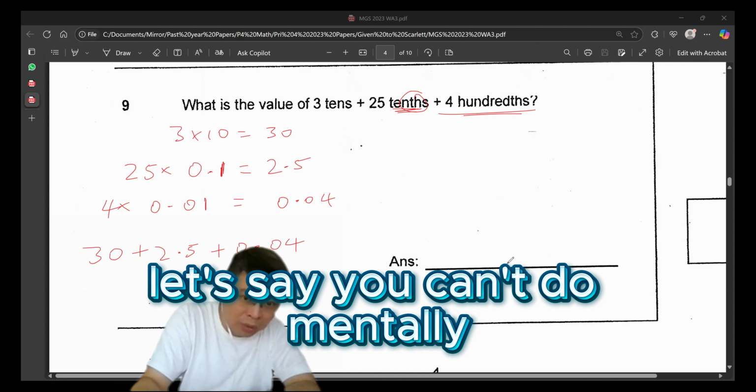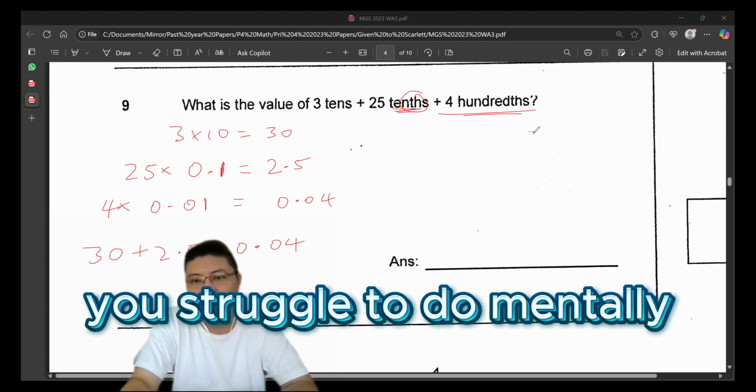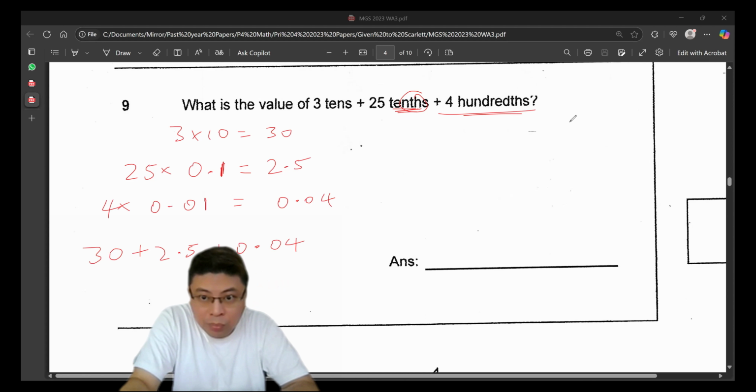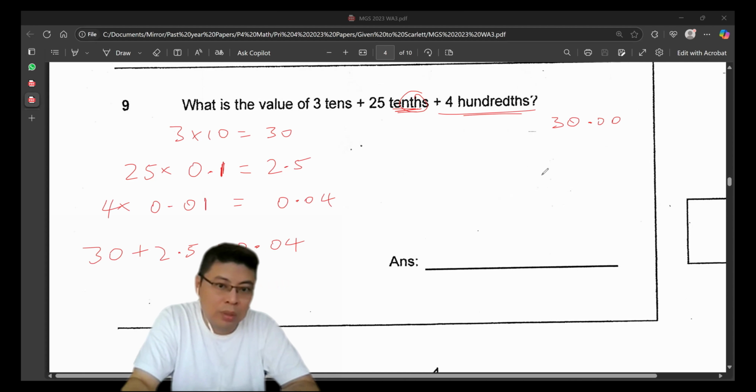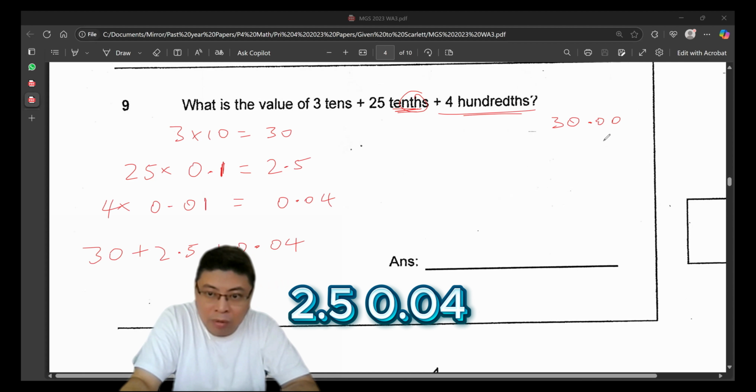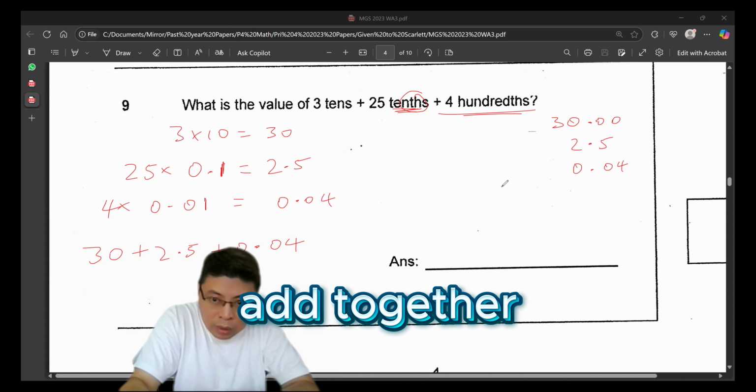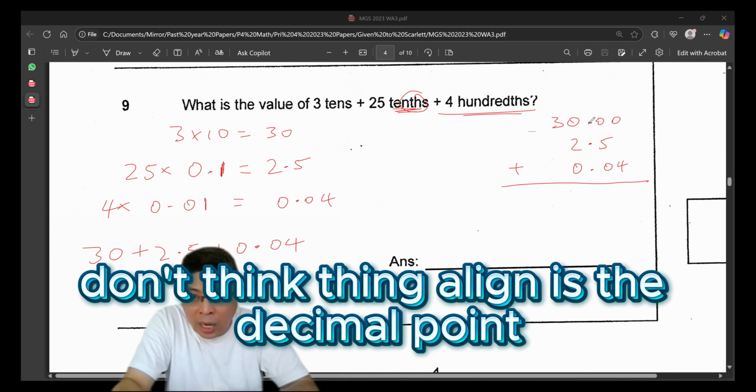Let's say you can't do it mentally, you struggle to do it mentally, no problem. 30.00, 2.5, 0.04, add together.